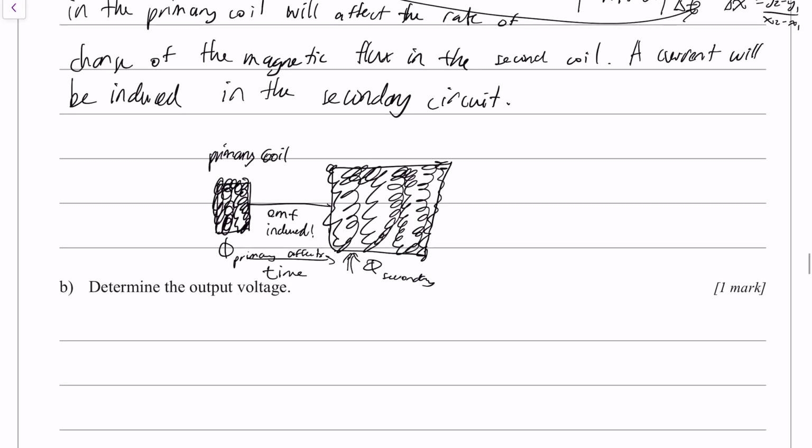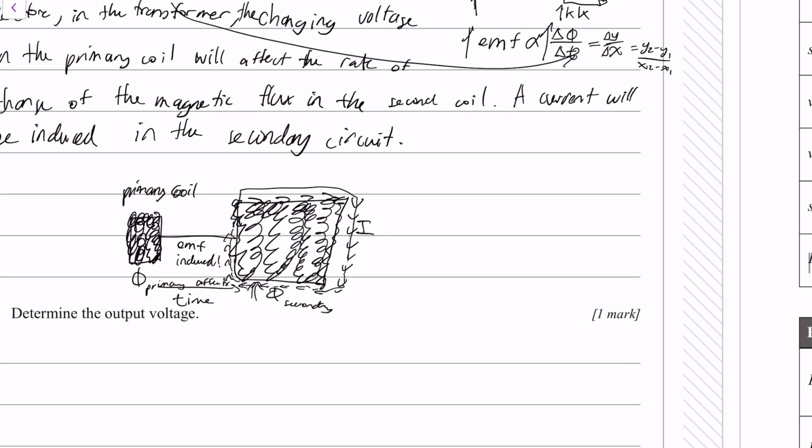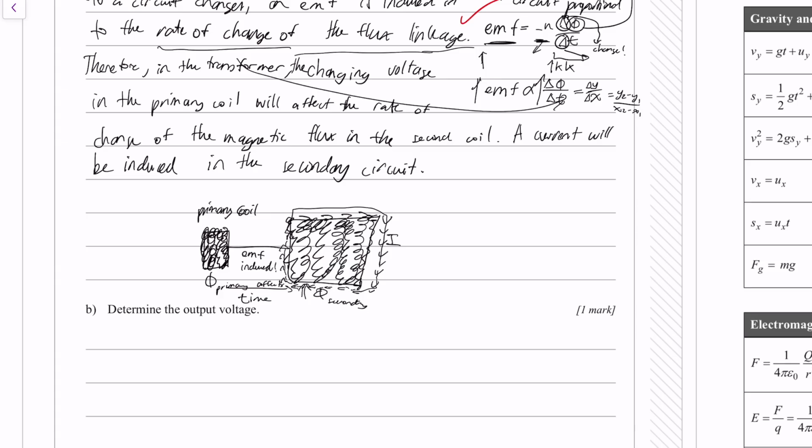Okay, and then we can also draw some arrows here around the secondary coil. Because of that changing magnetic flux and the voltage and everything, we have to have a current. This is I, capital I, which is representative of current.